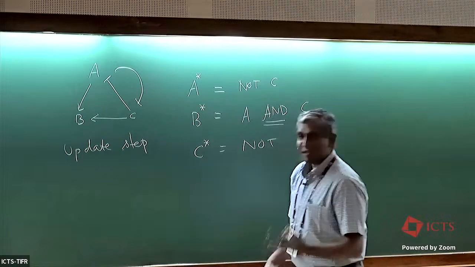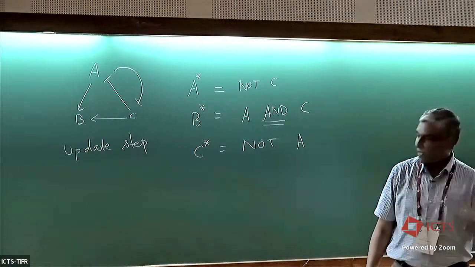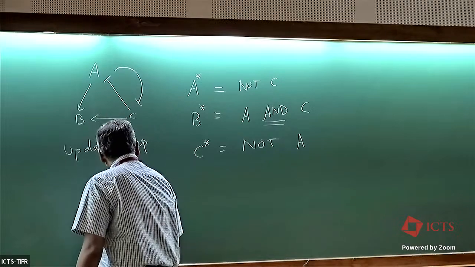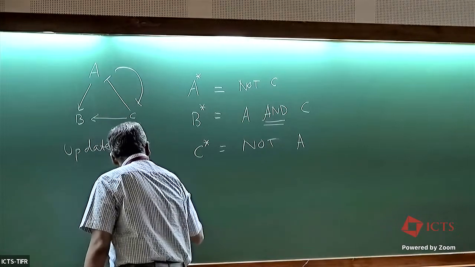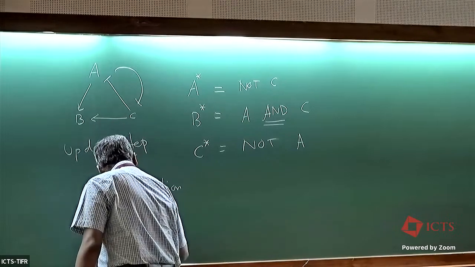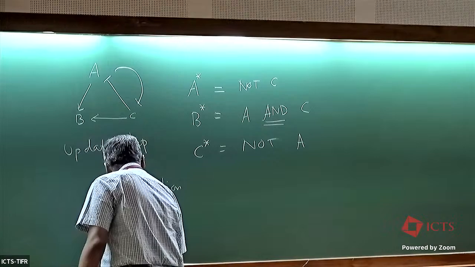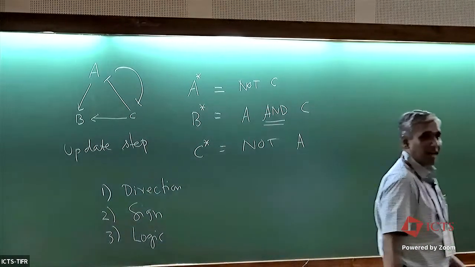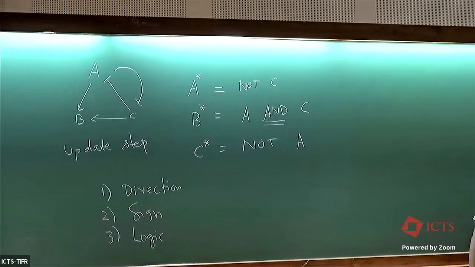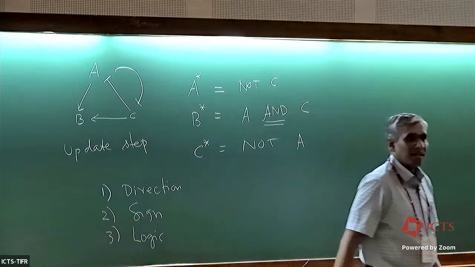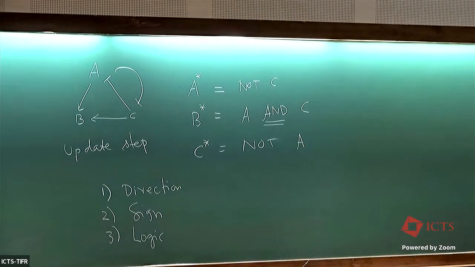So there are 3 aspects that we have considered here. One is the direction of the interaction. We've considered the sign of the interaction. And we also have considered the logic associated with the interactions affecting a given node. So these 3 aspects of the interaction are necessary to write a Boolean model.